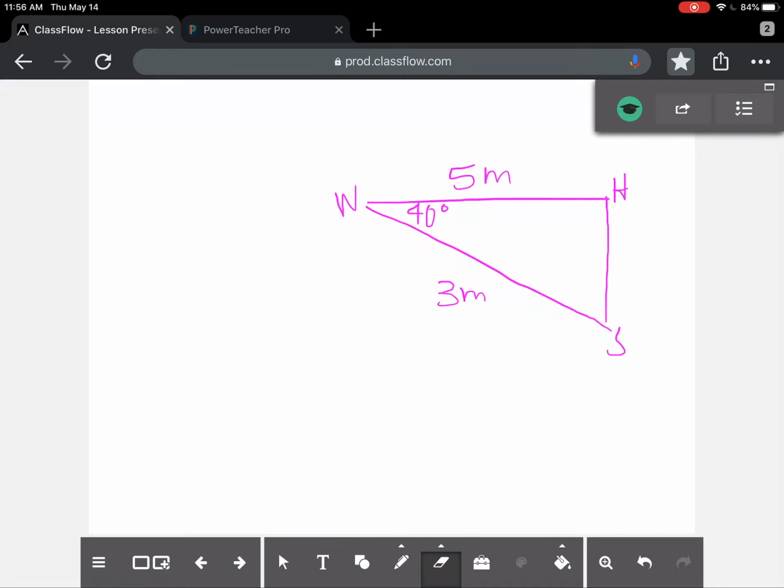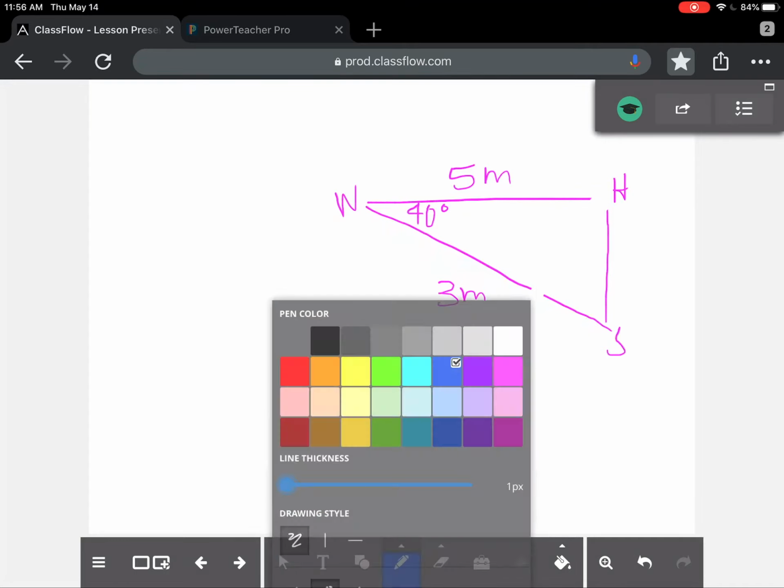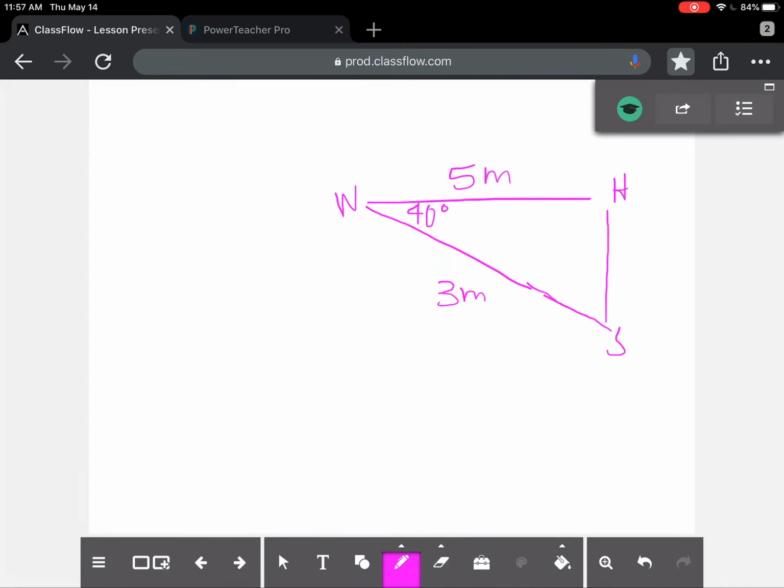All right, so this one is oriented a little bit differently. Our base will not be perpendicular to this, because we're normally used to having a base down here. But remember, the base can be any side length as long as the height is perpendicular to it.